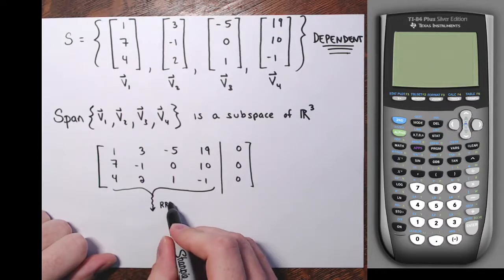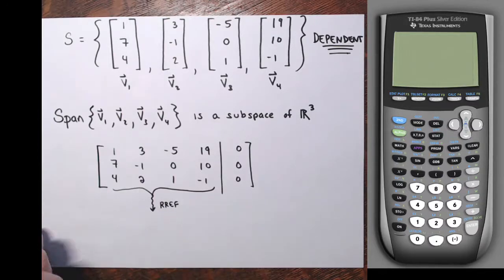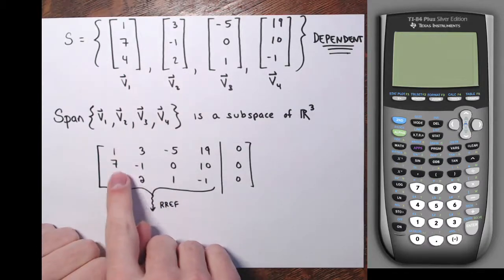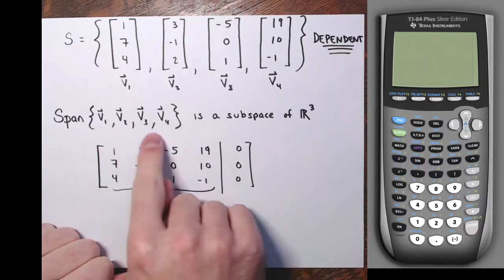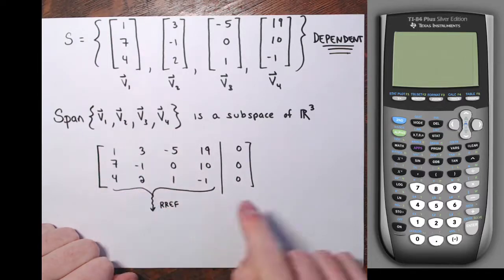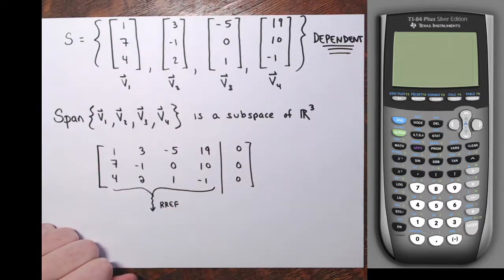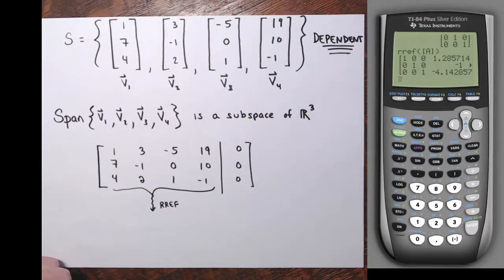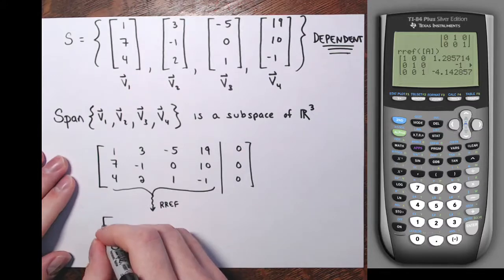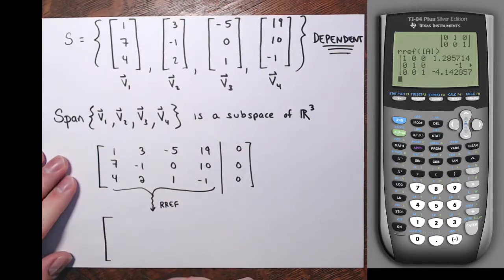I like reduced. You can just do echelon form as well, because all you're looking for here are pivot columns. Now this is a 3 by 4 matrix, this coefficient matrix. So I'm going to put this 3 by 4 matrix in my calculator and come back with reduced echelon form. So I'm back and put this 3 by 4 matrix into reduced echelon form.